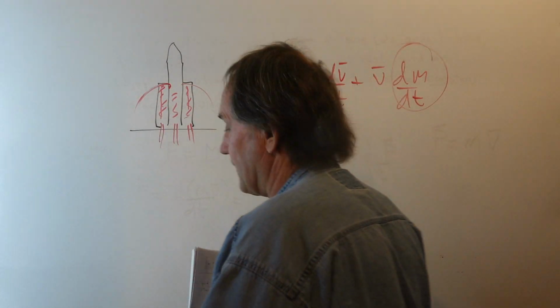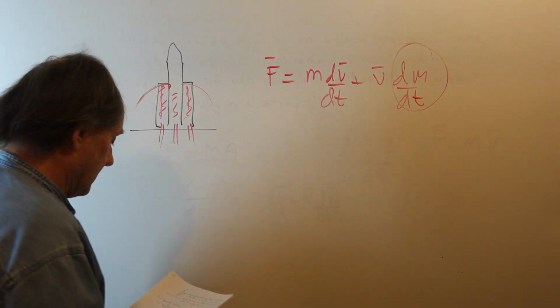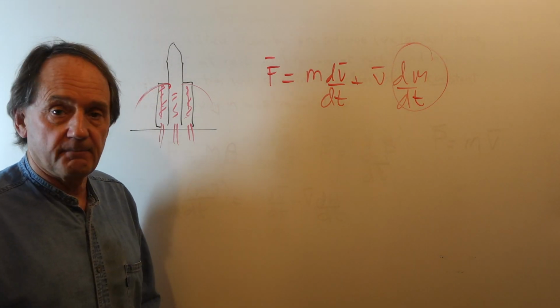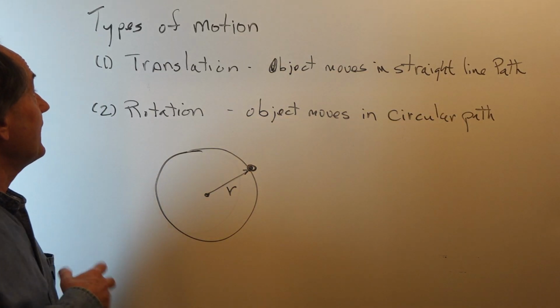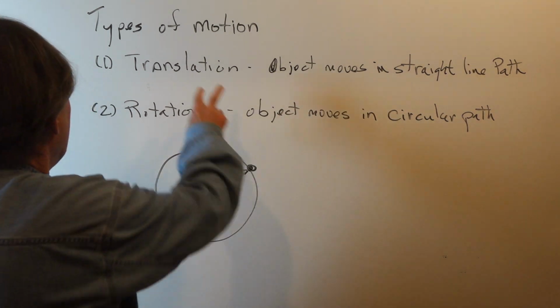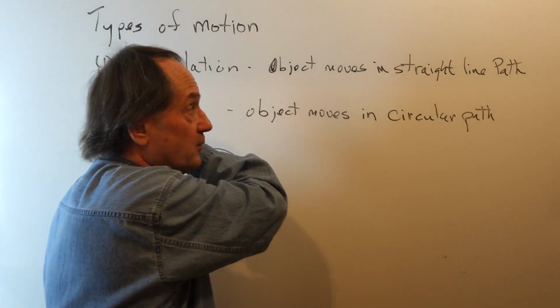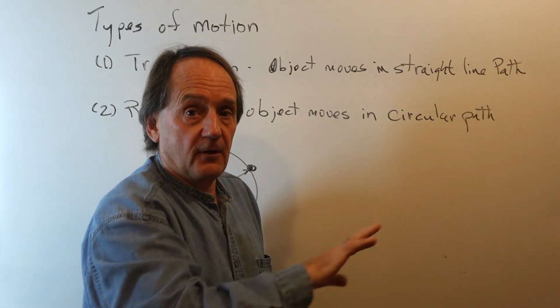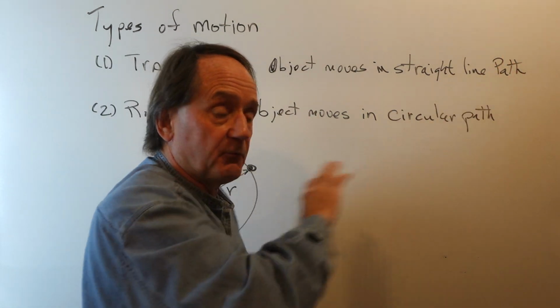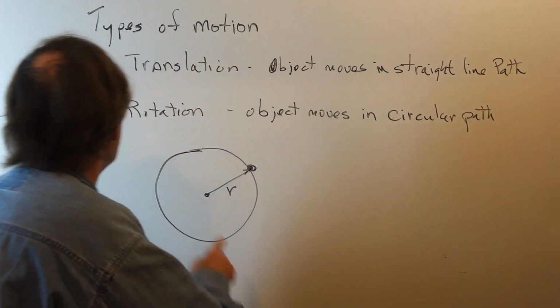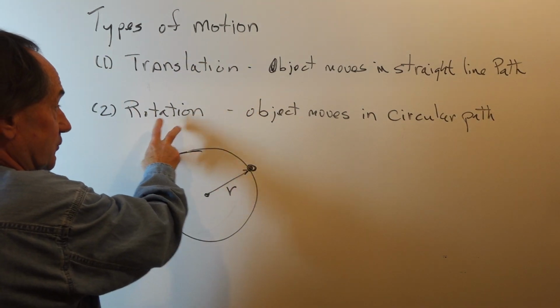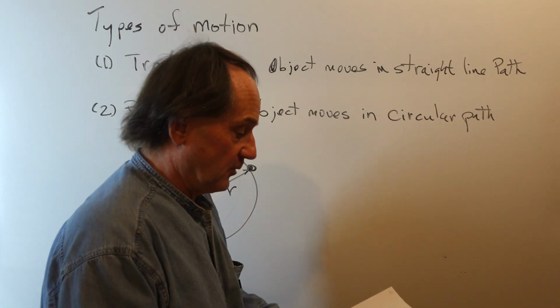Now, let's talk about motion, types of motion. Now, in general, we have two types of motion. We have one type called translation. This is where an object moves in a straight line path. There's no curving. It's a straight path. We call that translation. Then there is rotation, where an object moves in a circular path.